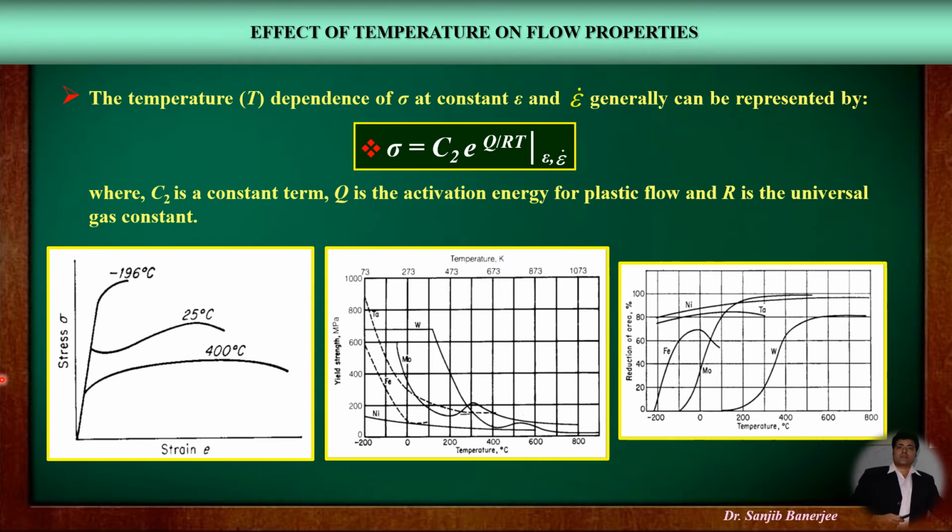After studying about the effect of strain rate on flow properties, now we study about the influence of temperature on the flow stress. The temperature dependence of the flow stress sigma at a constant value of strain, that is epsilon, and strain rate, that is epsilon dot, generally can be represented by this particular equation, which gives us sigma is equal to C2 into exponential of Q by RT at given values of strain and strain rate, where C2 is a constant term once again, Q is the activation energy for plastic flow, and R is the universal gas constant.